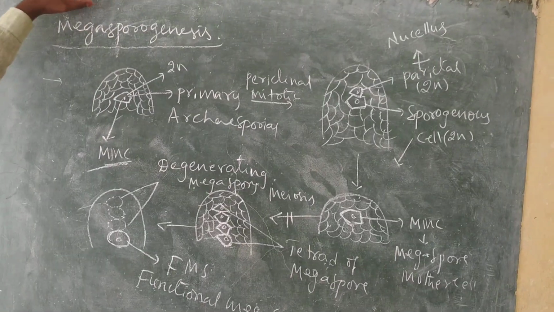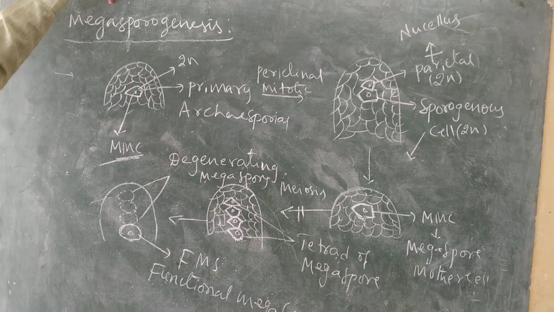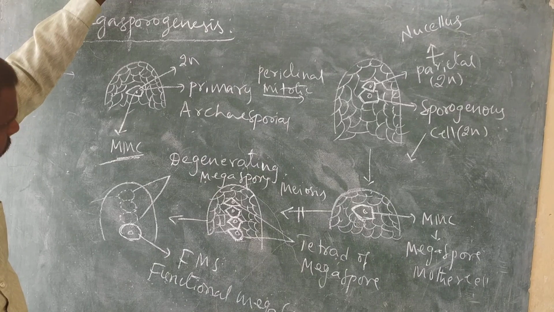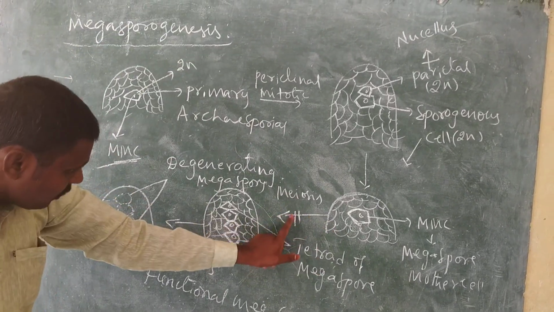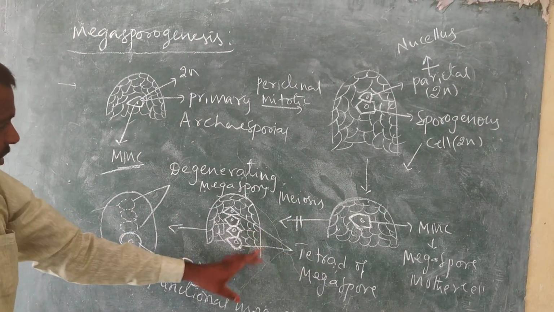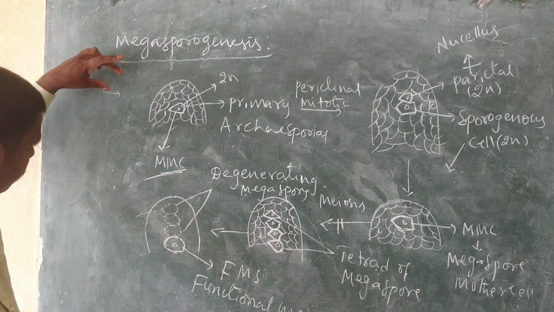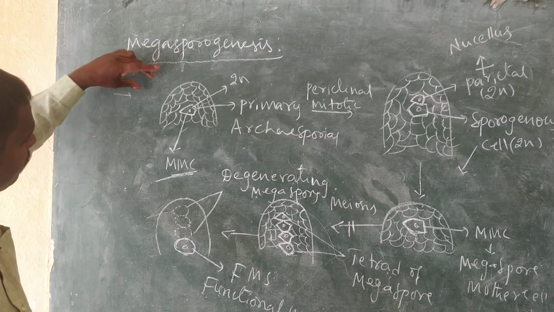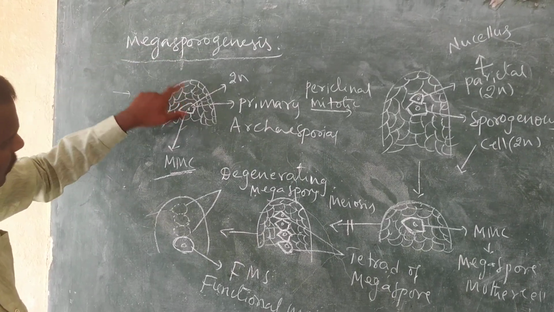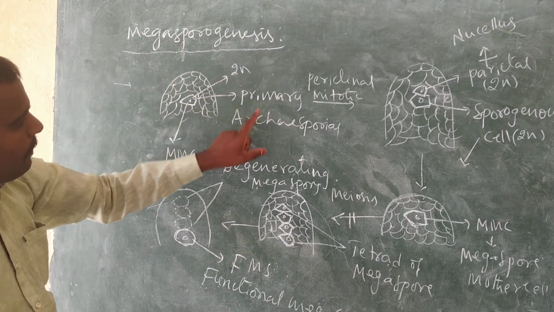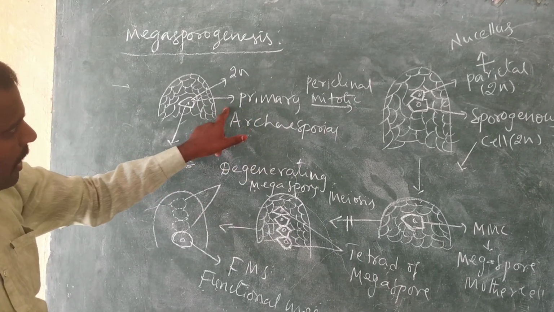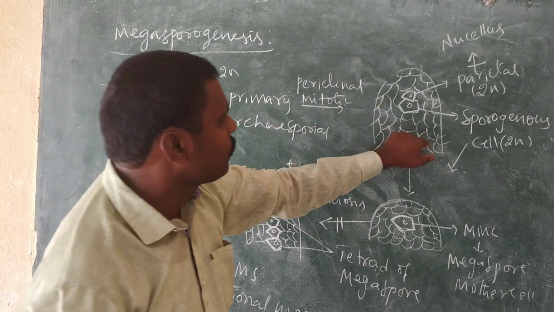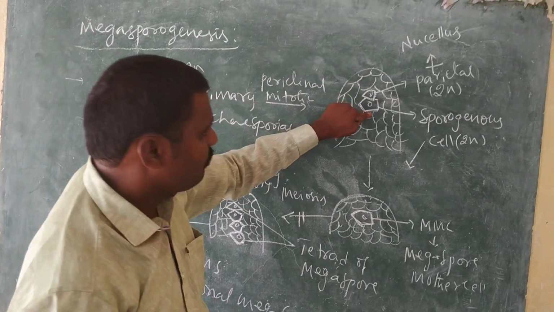Shall we discuss briefly once again? Megasporogenesis is the process of formation of megaspores from megaspore mother cell by meiosis or reductional division. In the hypodermal region of the nucellus towards the micropylar end, one of the nucellar cells develops into the primary archisporial cell. It undergoes periclinal mitotic division, producing the outer parietal cell and inner sporogenous cell.